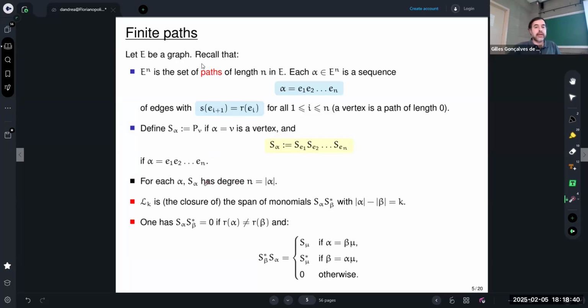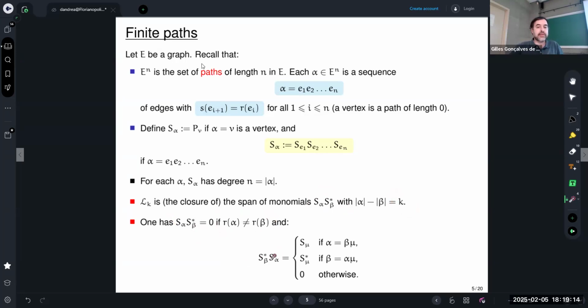In terms of grading, the degree of S alpha is exactly the length of the path. And in particular, LK is a module of sections of some kind of virtual line bundle. LK is the closure of the span of monomials S alpha S beta star, where the difference of the lengths of these two paths is exactly K. You can prove that this monomial is 0 if alpha and beta have different range.